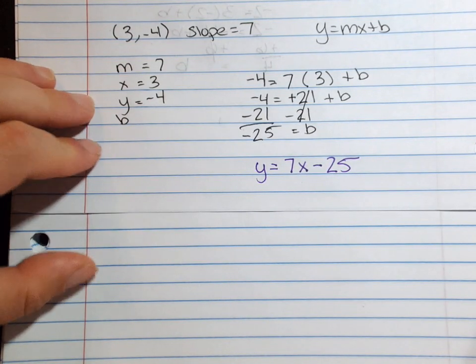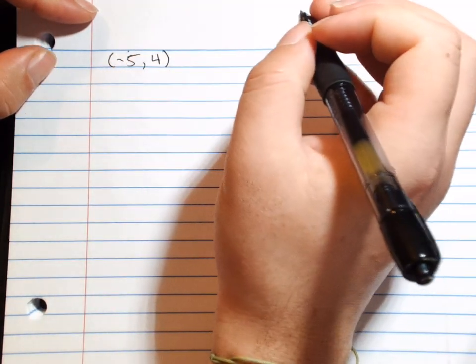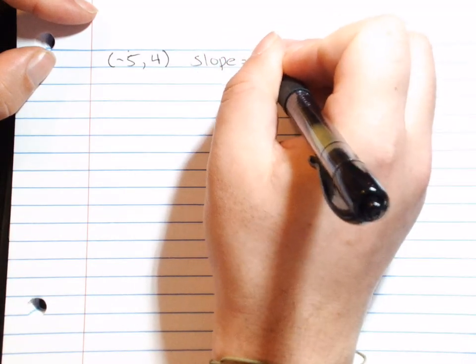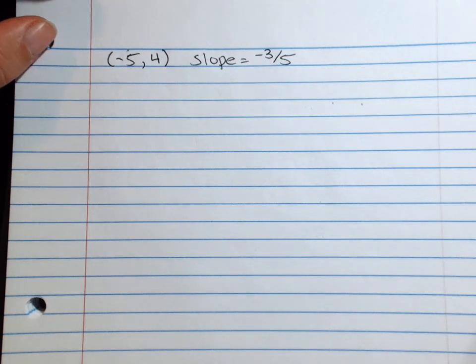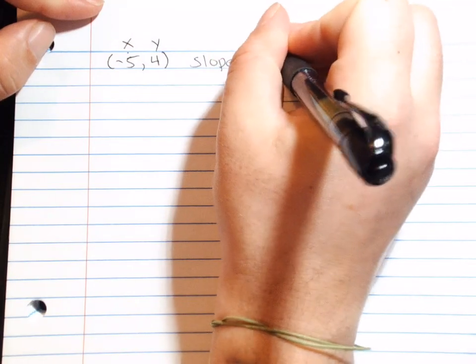I'm going to do 2 more with you. Our next 2 sets of points, let's see, I'll find one with a fraction. Okay, so I'm going to use the point negative 5, 4, and we'll use a slope of negative 3/5. Alright, we're going to label x, y, m.